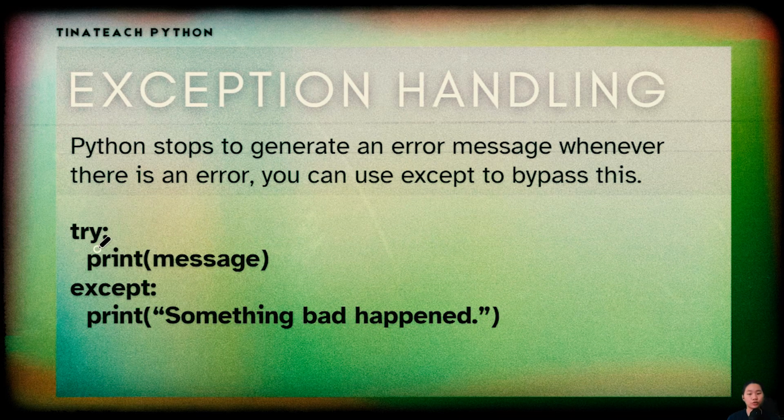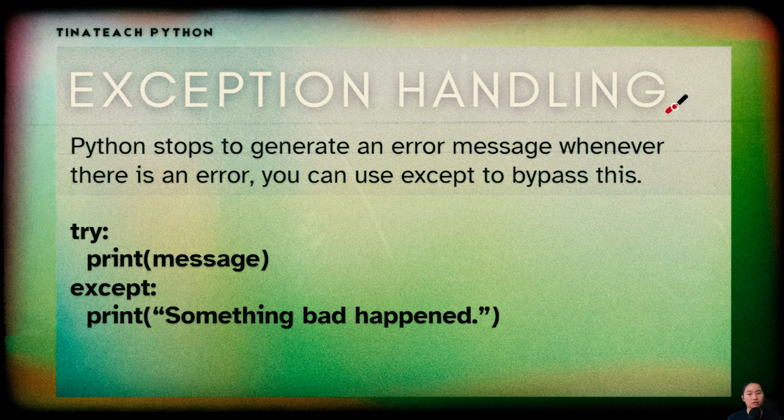Let's move on to the next part of exception handling. Whenever I give you a demonstration, sometimes we run into a little bit of error. And whenever that happens, Python just immediately stops everything. It does not render anything past that error statement line. Once it stops, it generates an error message, which looks quite cluttered in Visual Studio Code.